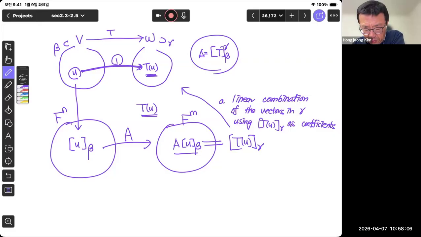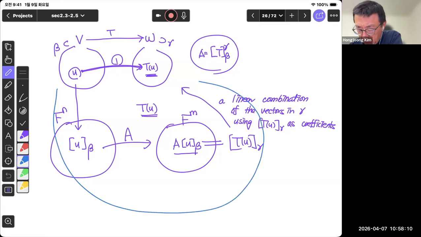So this is the second way to get the image. You first identify this vector.